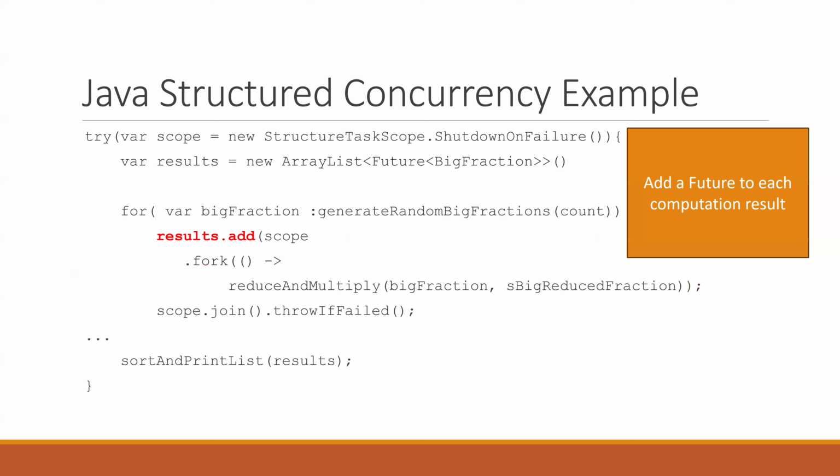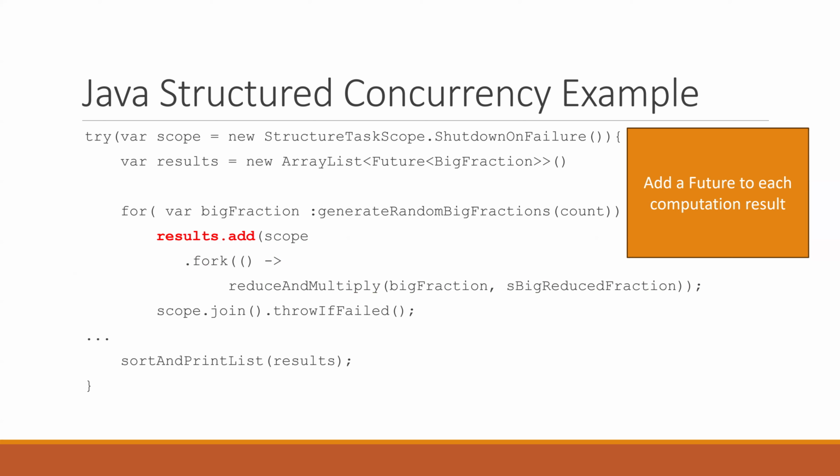Here I'm adding a future of each computation into the result. Now, this is something really important. We'll talk about futures, but think of a future this way: a future says, in the future, I'm going to get this result out. And when I do get that, add the future now, and it will populate when it is resolved.